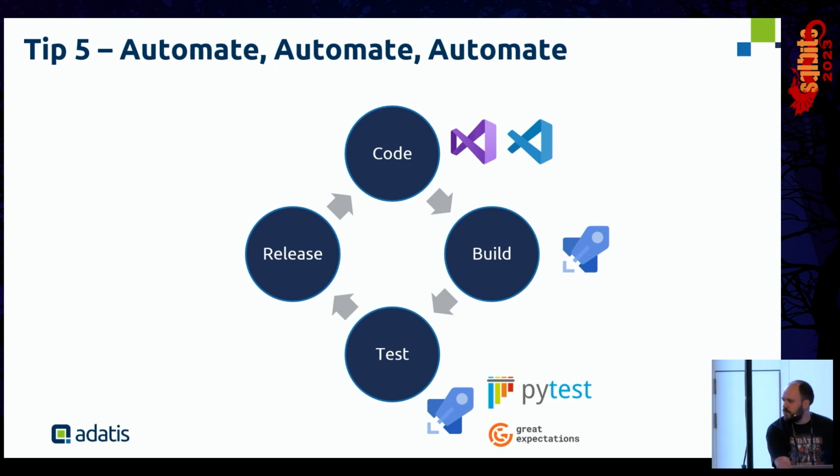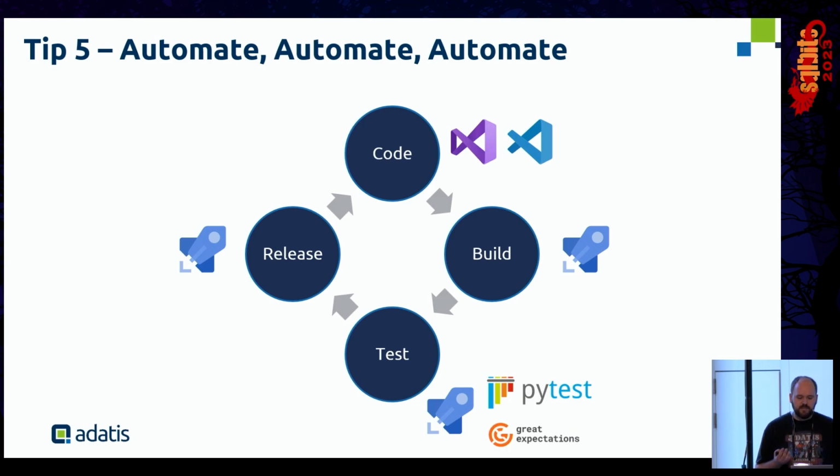To do this, we can use tools such as PyTest, if we're using Python, or there's more data quality focused tools like Great Expectations out there, which are designed so that you can assert that your data is of a particular format and contains particular values. That's quite a good way of testing that your platform is working as expected, but also building in some of that data quality testing by default. And again, we can run all of that process using Azure Pipelines.